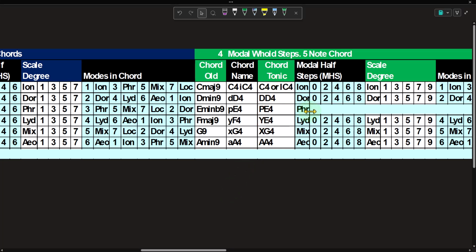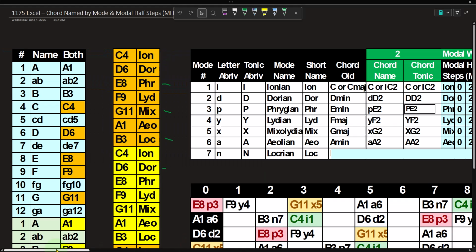So then we call it a Phrygian 0, 2, 4, 6, 8, which would be equivalent to a scale degree of, if we make the 3 the 1, 1, 3, 5, 7, 9. So if I go over here, we're going to say, all right, scale degree 1, 3, 5, 7, 9, and the 9 is equivalent to the 2. I'd like to call it 0, 2, 3, 4, 6 because I think that would be the more logical system.